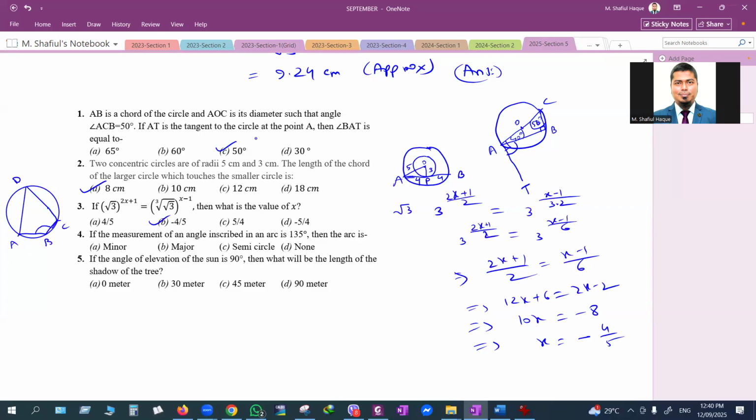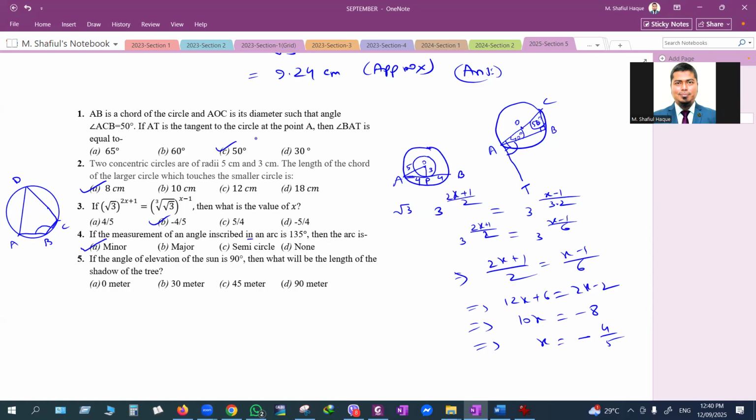So now it is written, if the measurement of an angle inscribed in an arc is 135 degree, then the arc is what? 135 is an obtuse angle. Therefore, the arc will be minor, because it is written inscribed in the arc. But if it is written inscribed on the arc, then for 135 degree, it will be major arc.